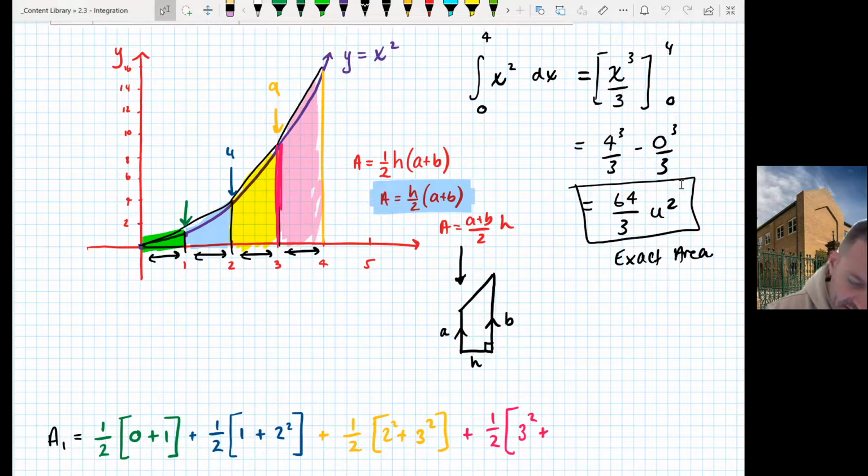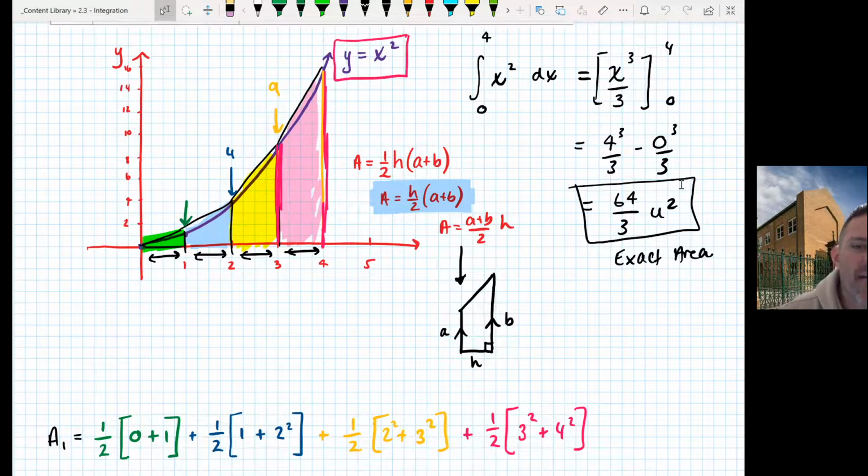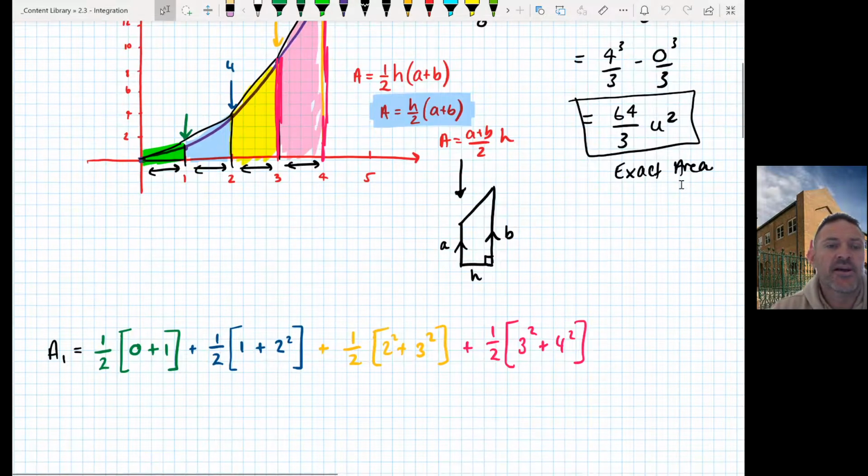And then the last one is 4 squared, and 4 squared is 16. Again, those values are coming from knowing that the formula of the graph is y equals x squared. It's the y value, how high those amounts are. And then literally I'm adding that all together. That's all I'm doing. I can do it on my calculator.